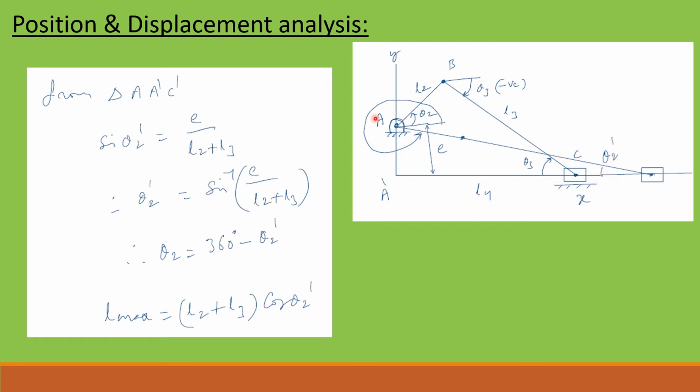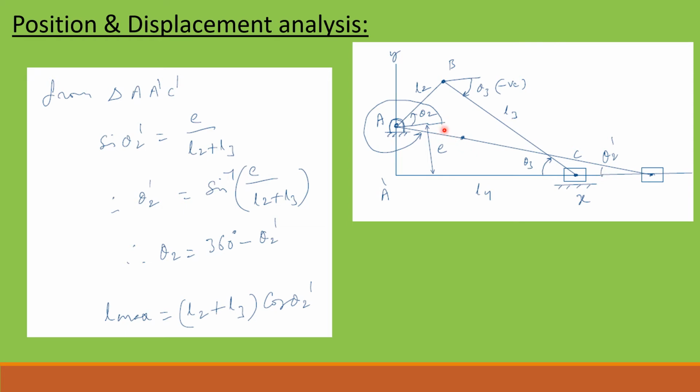So from this triangle A prime and let us call this point C prime, we get sin theta 2 prime equal to e divided by L2 plus L3. So theta 2 prime equal to sin inverse of e by (L2 plus L3). So from this picture again theta 2 will be 360 minus theta 2 prime. So this angle is theta 2 prime, again this angle is also theta 2 prime.